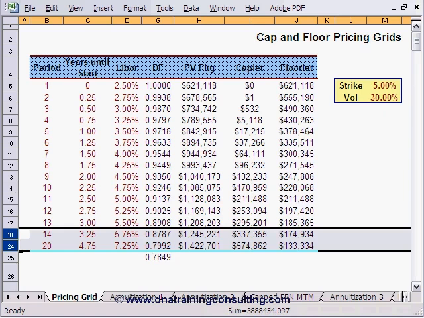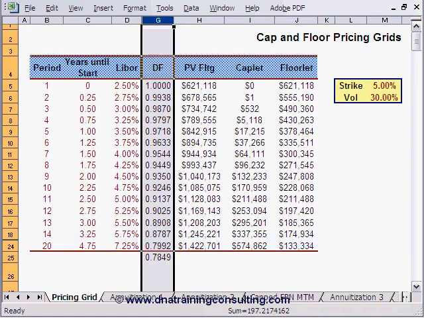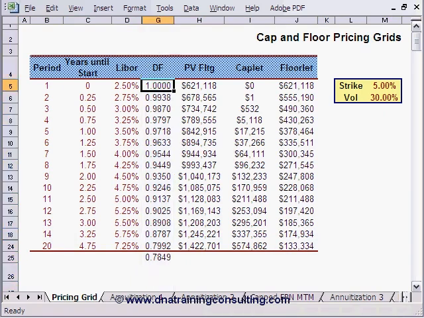Next, we address an important but very tedious point regarding the discount factors that appear in this column G. Obviously, this number that you see here in cell G5, 1, cannot be the discount factor for any cash flow occurring anytime in the future.